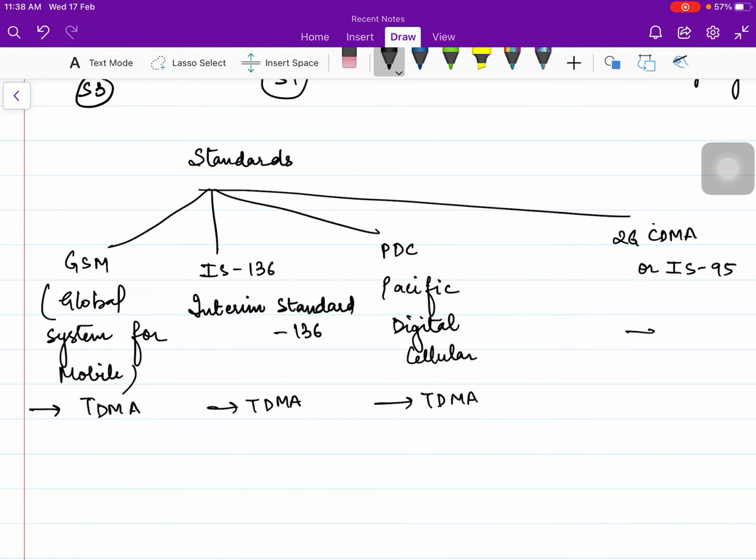So the three standards were based on TDMA, and there was only one standard of second generation which was based on CDMA technique, and that was 2G CDMA or IS 95. So these were the second generation features.